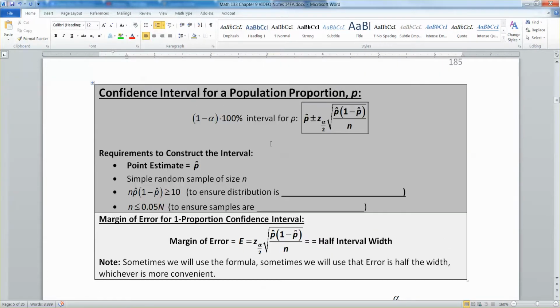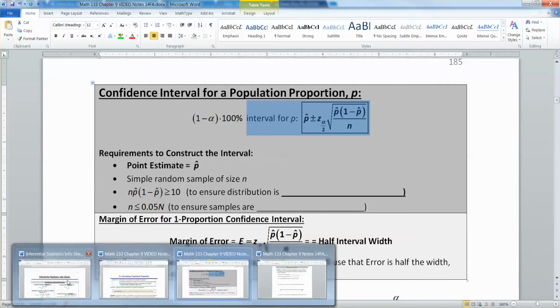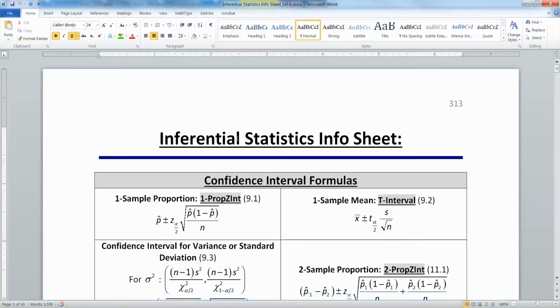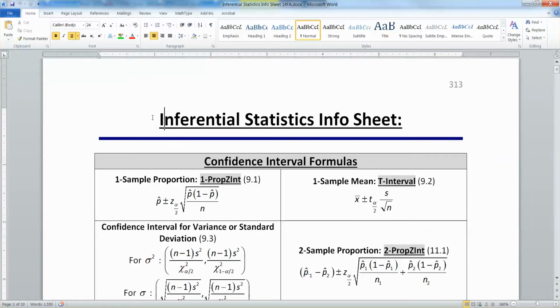So we have here the formula for the confidence interval for a population proportion. This is p hat plus or minus z alpha over 2 times the square root of p hat times 1 minus p hat over n. Now this formula does not need to be memorized, nor do you need to put it on your note sheet, because remember, for the final exam and for exam 3, if you're in a face-to-face class, you're allowed to use this entire inferential statistics info sheet, which is in your course pack.